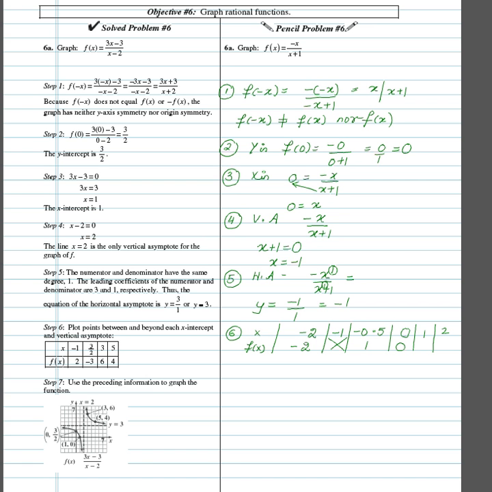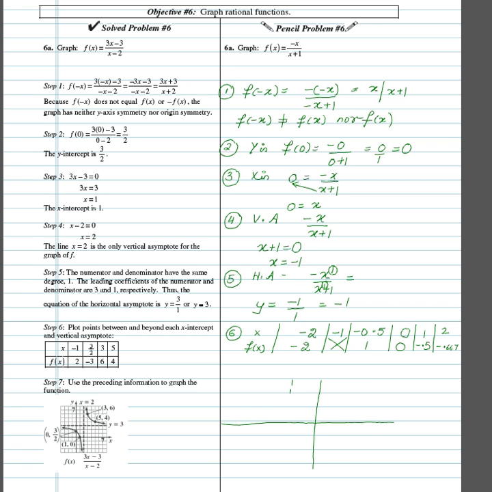When x is 1, my y value is -0.5. When x is 2, my y value is -0.667. So now I'm going to go ahead and use this information to graph my rational function.